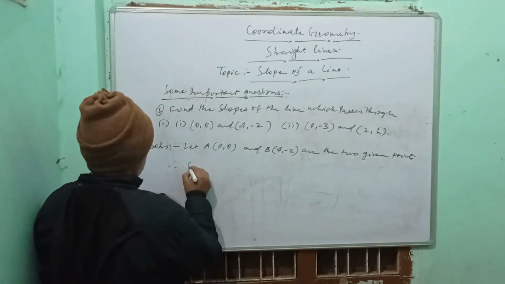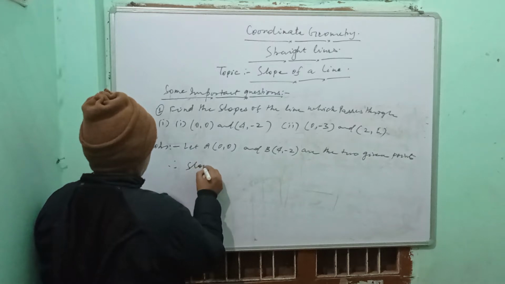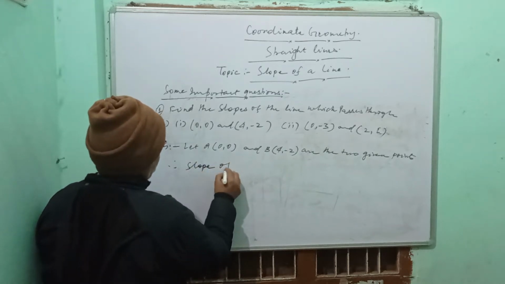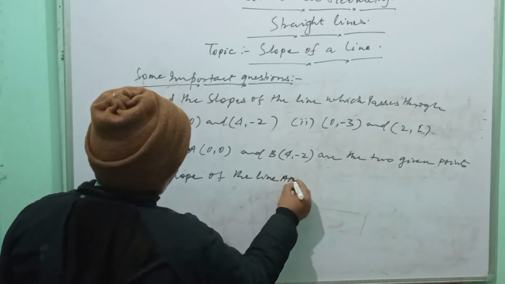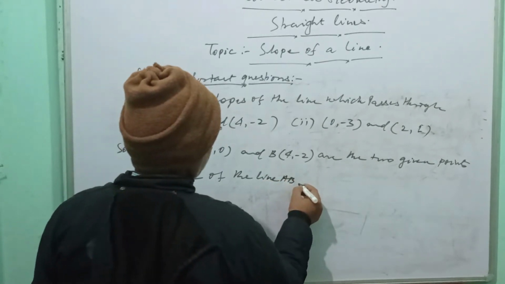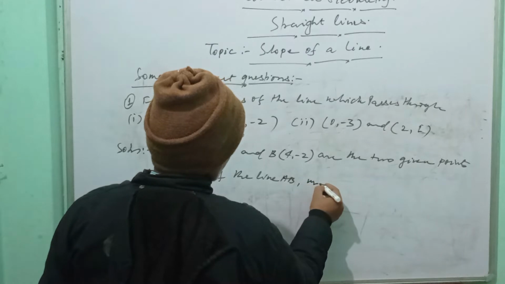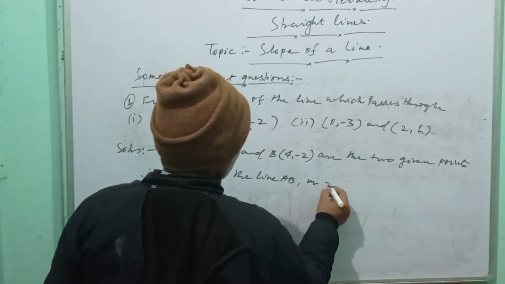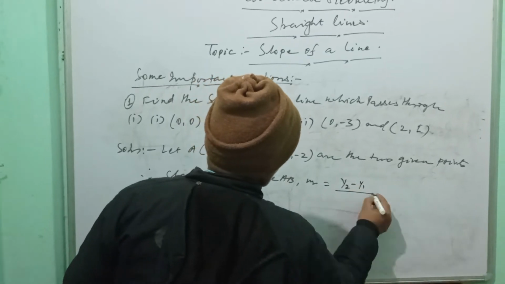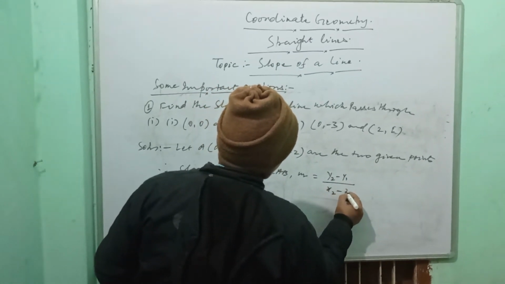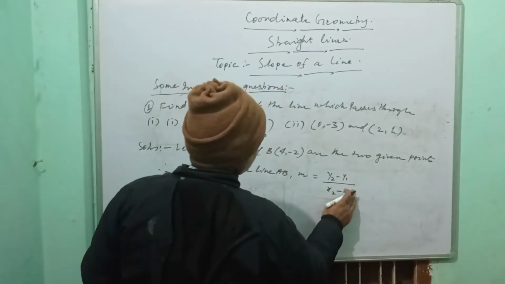Therefore, slope of the line AB, M is equal to y2 minus y1 by x2 minus x1.